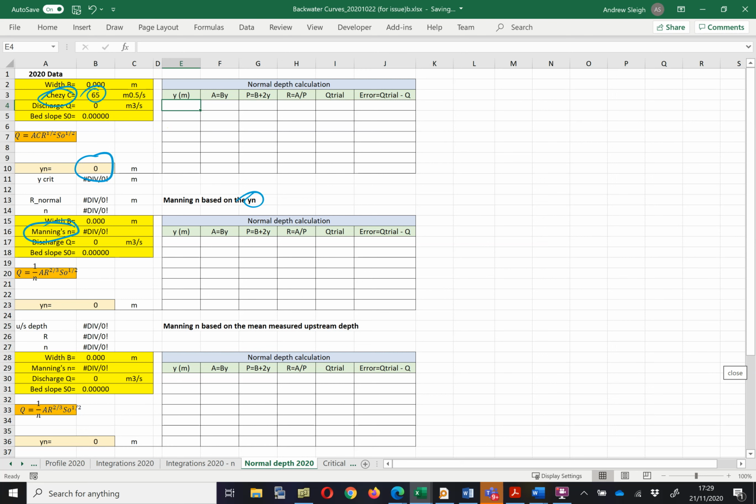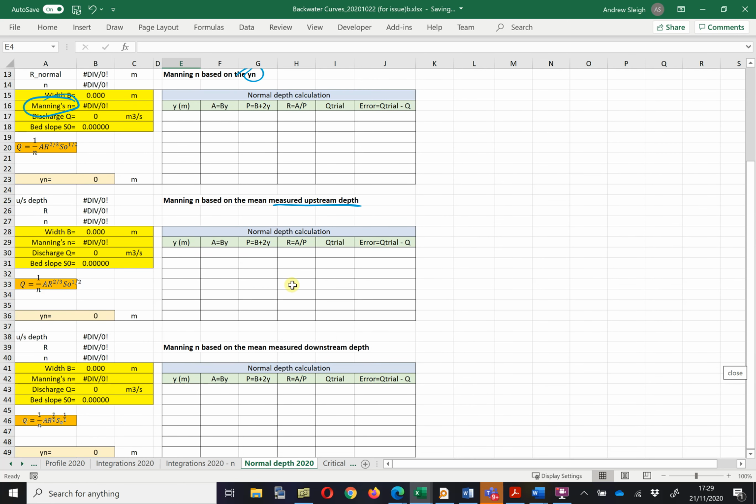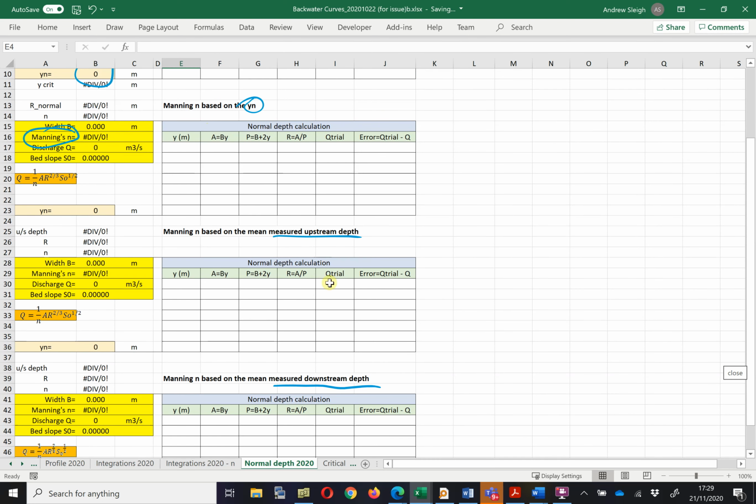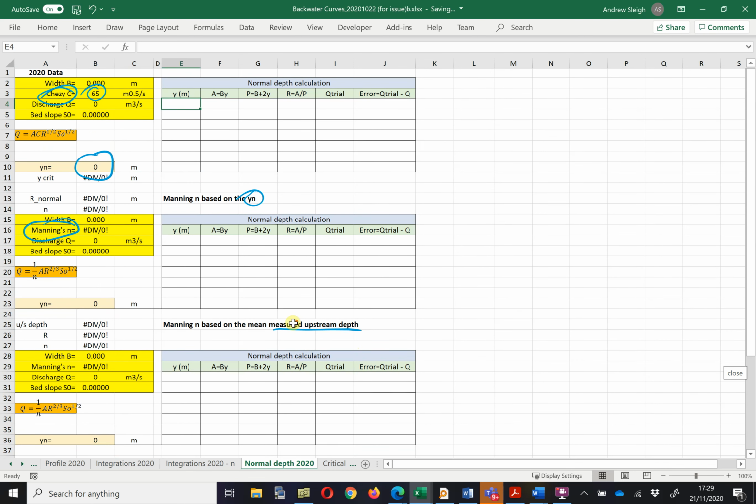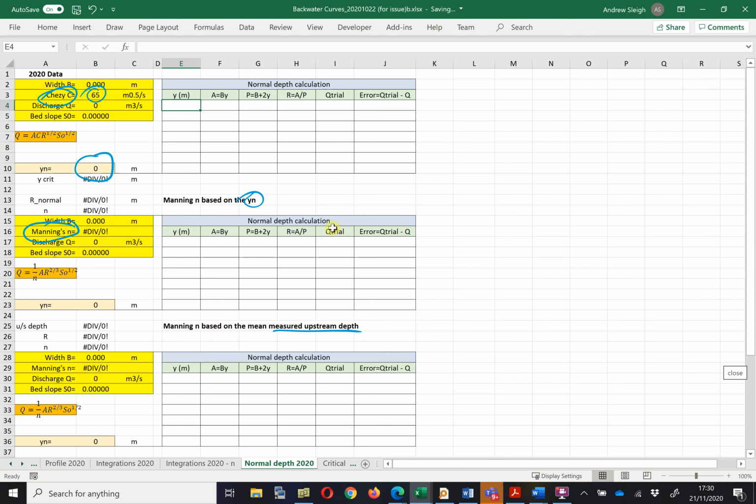This calculation is based on the YN, this one down here is based on the upstream depth, and this calculation is based on the downstream depth. Now, which depth do you use for the Manning's calculation? I'll leave that up to you, and then up to you to justify why you're doing that.